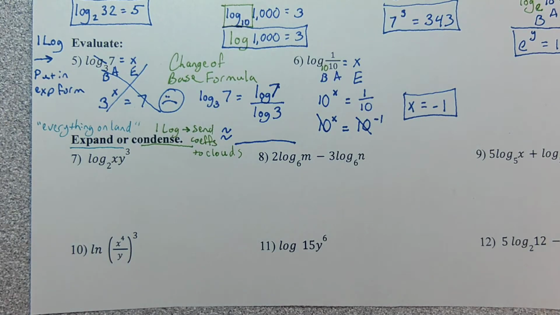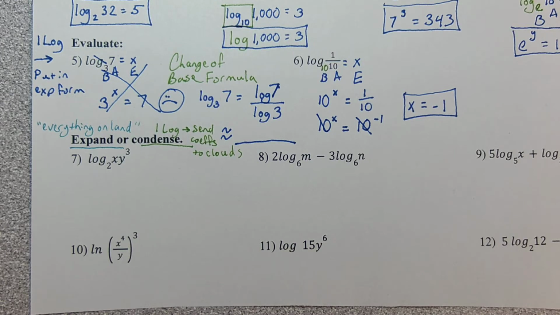So expand everything on the land. That means any exponents you have, we want to move out in front to ground level as a coefficient. And then if we want to condense, we're going to need to send our coefficients to the clouds to be able to condense those. So let's go ahead and start with expanding.